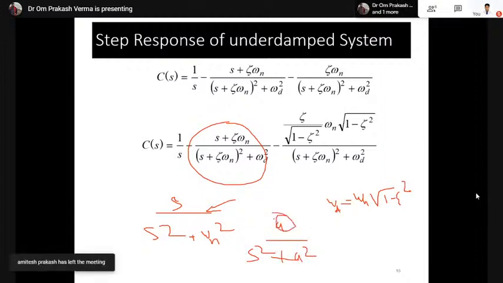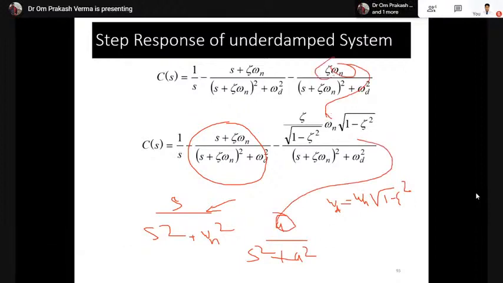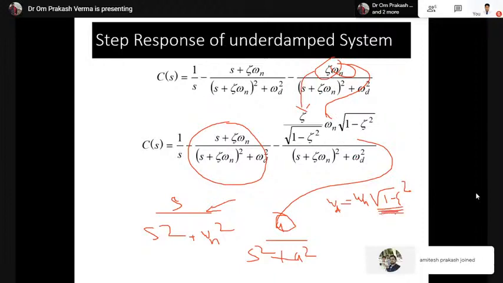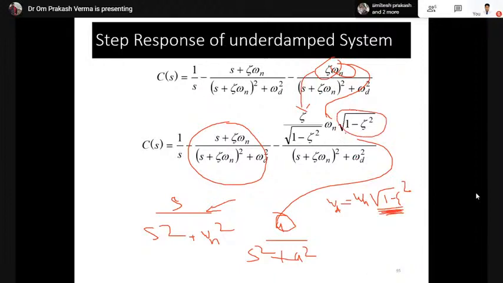For that a, omega n and zeta are already here, but we don't have root under 1 minus zeta square, so we multiply and divide the equation by it.